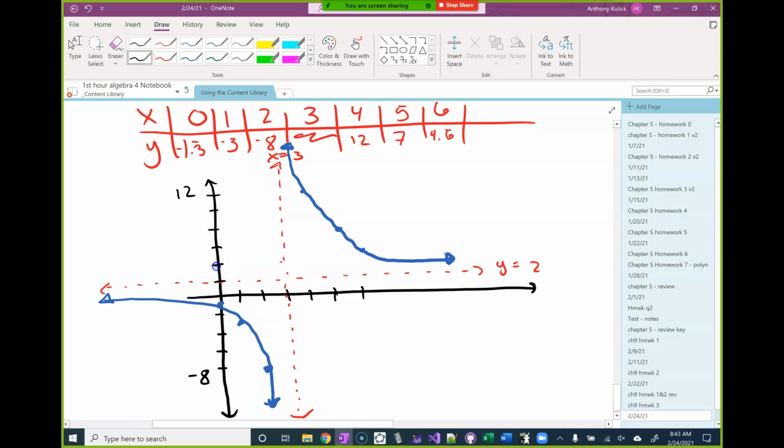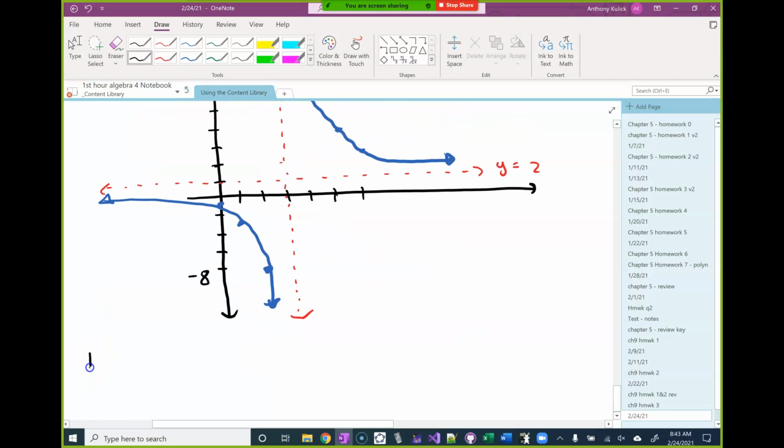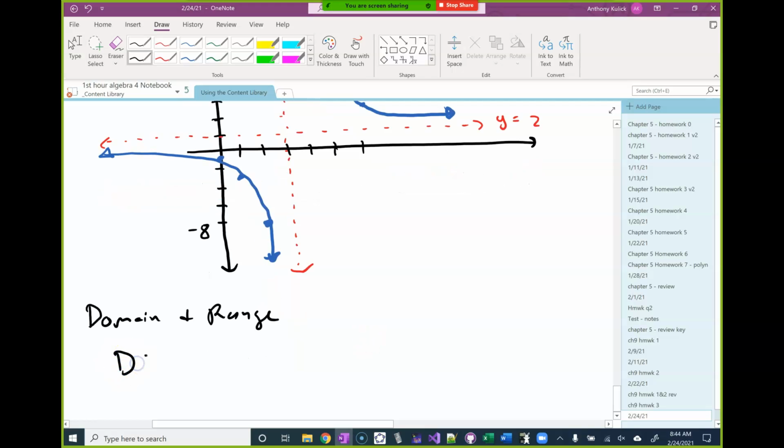So again, really no different than the previous problem, right? The last thing we'll talk about is domain and range. The domain is going to be everything except for whatever that vertical asymptote is.